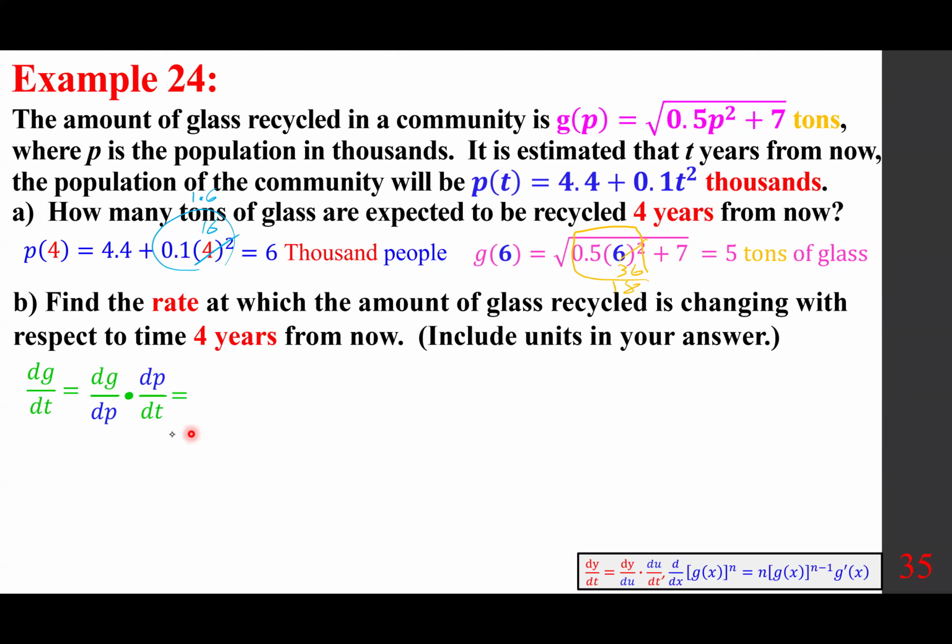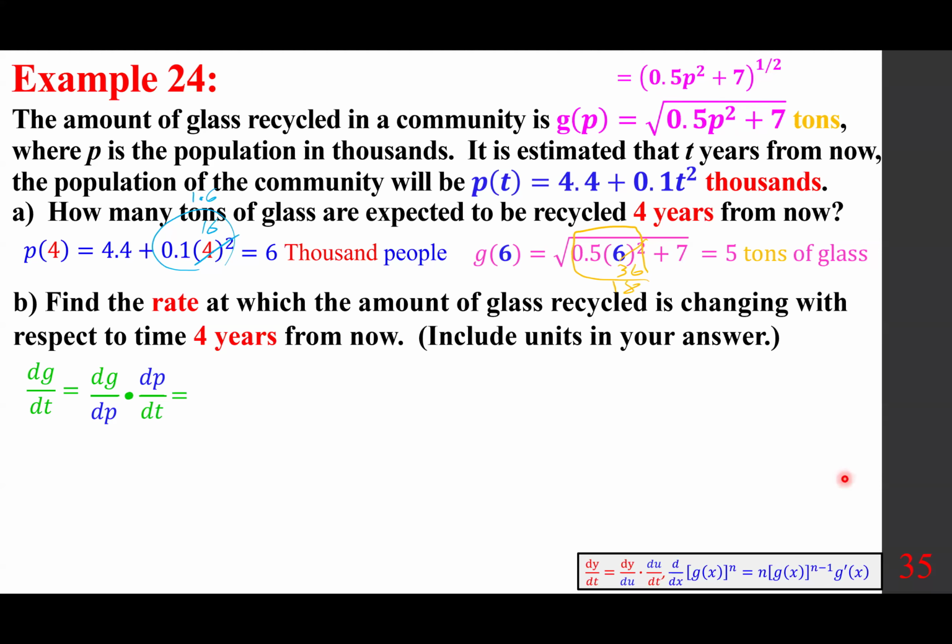So how do we find them? It's very simple. First and foremost, to find dg/dp, that means differentiate this with respect to p, p becomes the independent variable, you write it to the power of 1/2. So how do we differentiate this?